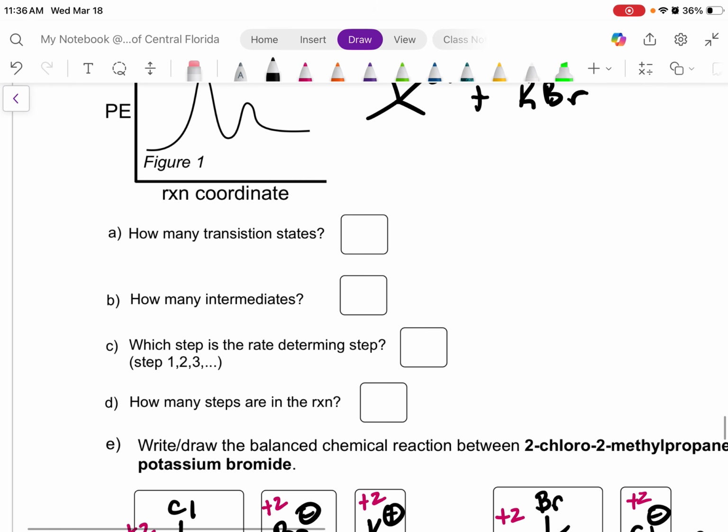The answers here are all the same. 2 transition states, 1 intermediate, first step, and first step. That's all the same right there. Now, how many steps are in the reaction? Wait, that all got changed up. Let's read the question. How many transition states? 2. How many intermediates? 1. Which step is the rate determining? Step 1. How many steps? There's 2 steps.